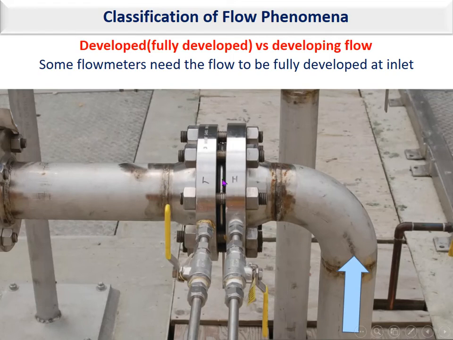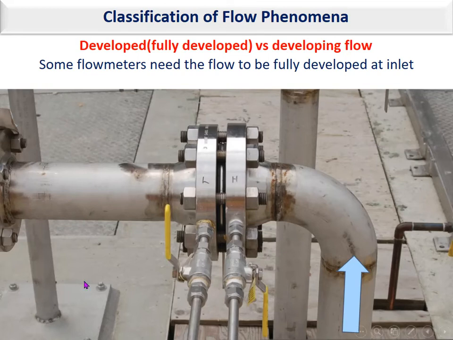Okay, what's the relation between this and the developing or fully developed flow? In textbooks, references or standards, there is the discharge coefficient of the orifice flow meter. What is the discharge coefficient? It's a coefficient which you multiply by the theoretical flow equation to determine the actual flow.